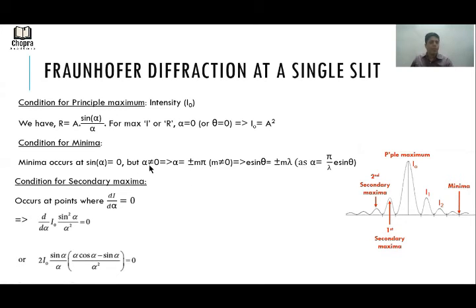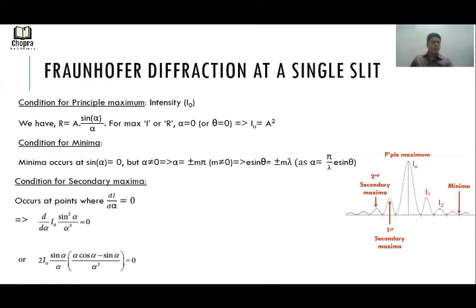So alpha cannot be equal to 0. Therefore, alpha is equal to plus minus m pi, where m is not equal to 0, which implies, when we substitute for alpha, which is pi e sine theta by lambda, we get the equation e sine theta equal to plus minus m lambda. So this is the condition for minima, which corresponds to the intensity I to be 0.